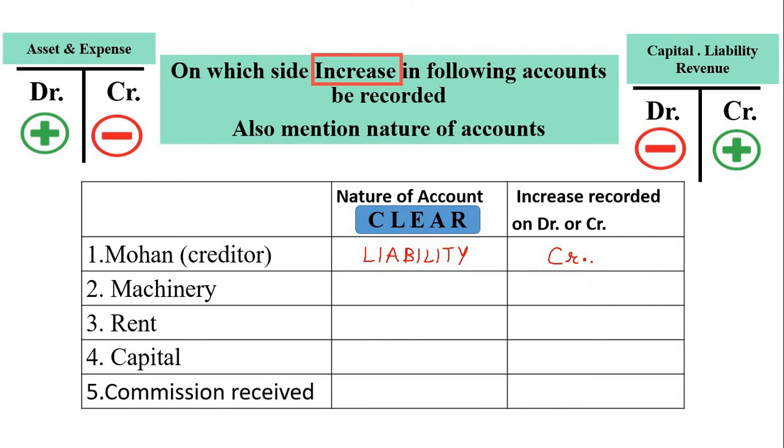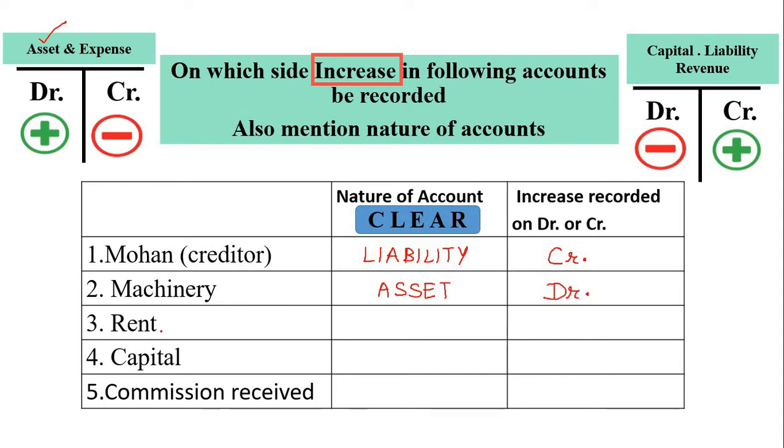So I hope you have tried. Now let us see. Machinery, according to nature of account, is an asset, and I have to see where the increase is recorded. You can see under asset, increase is recorded on the debit side. Next is rent.